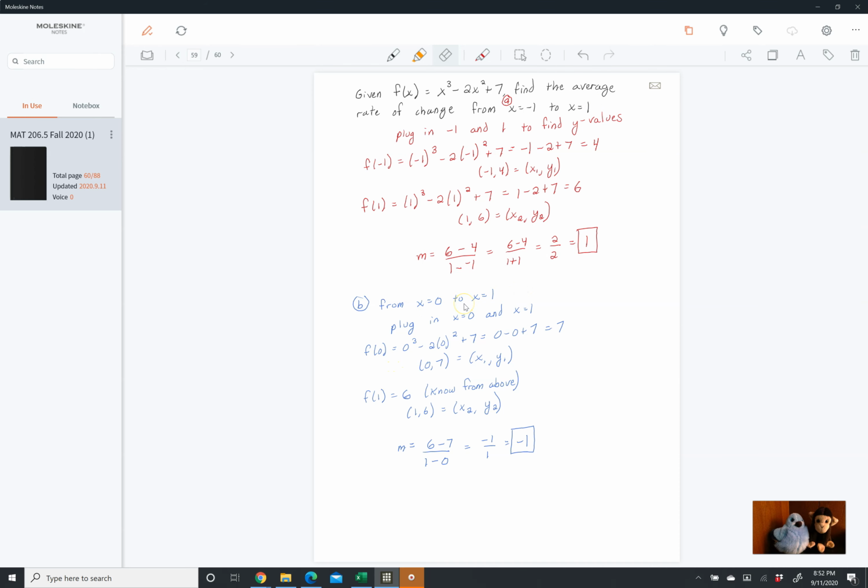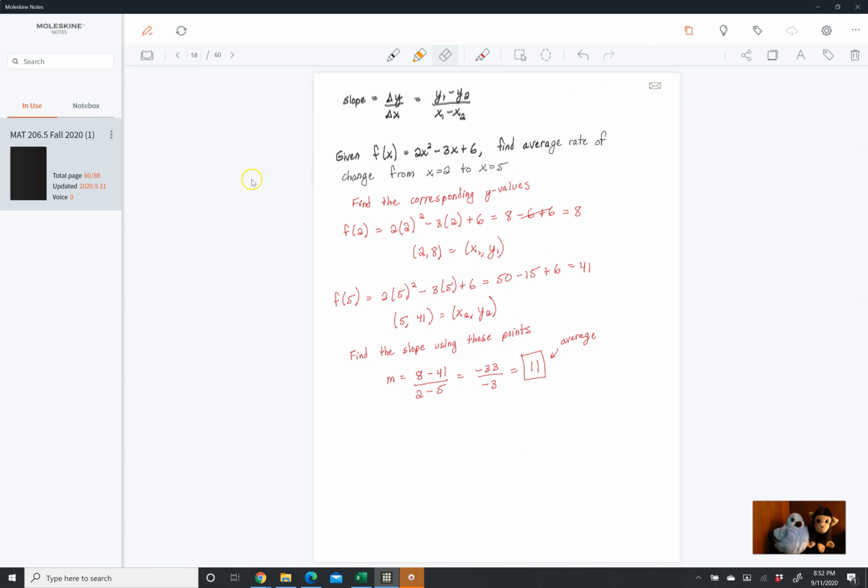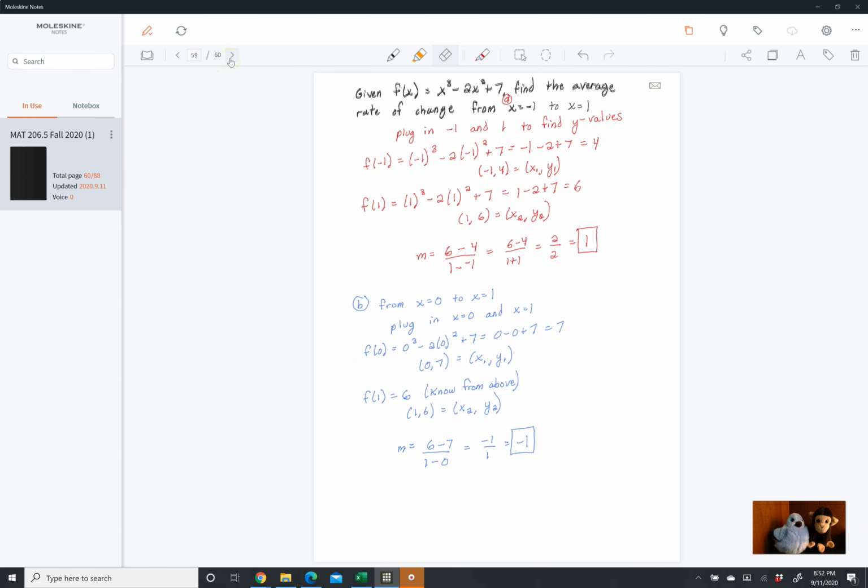So what's h? H is 1, because the distance from 0 to 1 is 1. Here, our x was 2, our x plus h was 5, which means that our h was 3, because that's the distance from 2 to 5. Okay? So what does this mean?